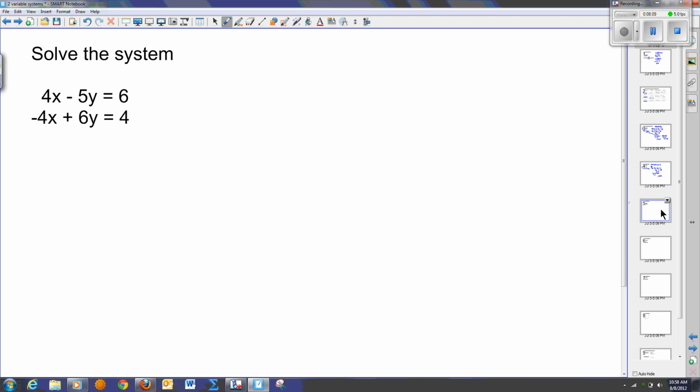Next example. Now, in this case, we have a system set up where I have 4x minus 5y is equal to 6, and 4x plus 6y is equal to 4. Now, most of you know how to do this problem already, but the question is, do you know why it works?